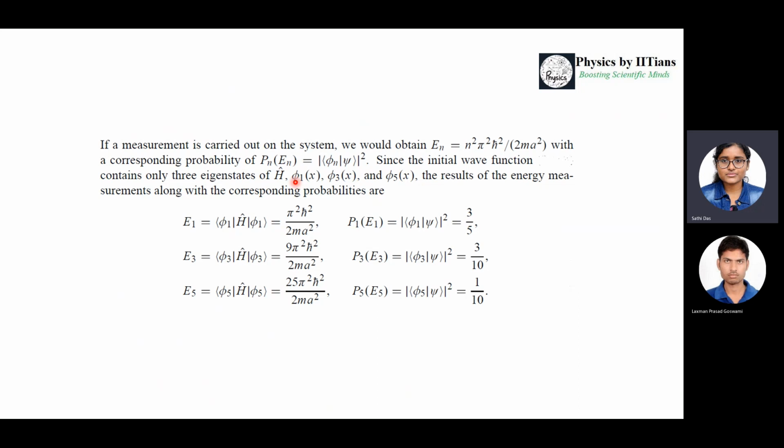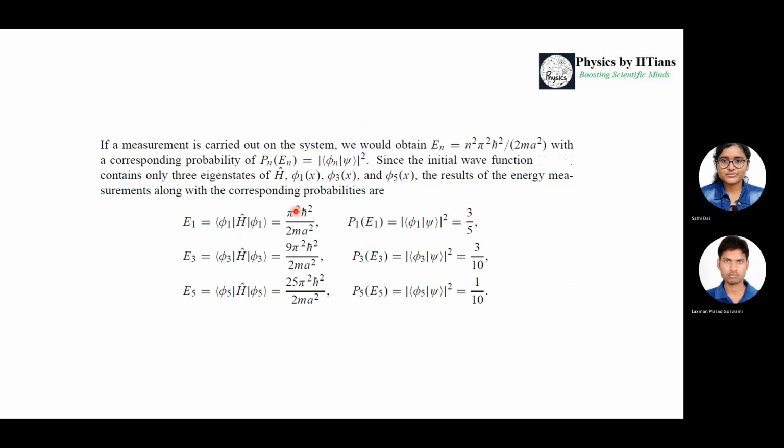So these three wave functions have energies that we can find: E1 equals phi 1 H cap phi 1, E3 equals phi 3 H cap phi 3, E5 equals phi 5 H cap phi 5. These are the eigenvalues, and the probability will be the mod square of the overlap: P1 for E1 is mod of phi 1 psi whole square, P3 for E3 is mod of phi 3 psi whole square, and P5 for E5 is mod of phi 5 psi whole square.